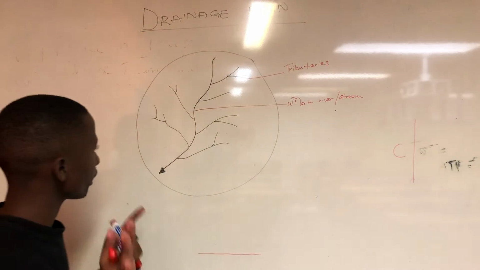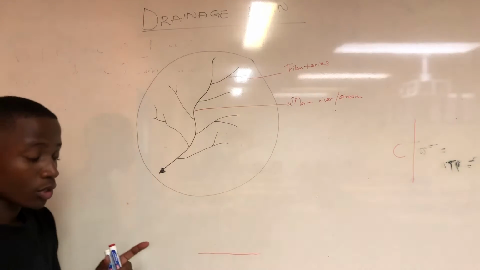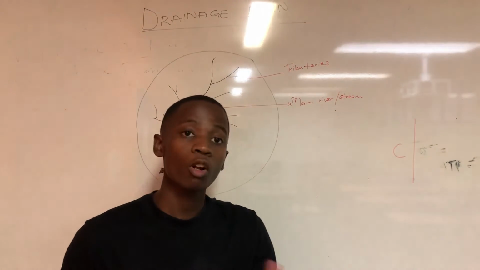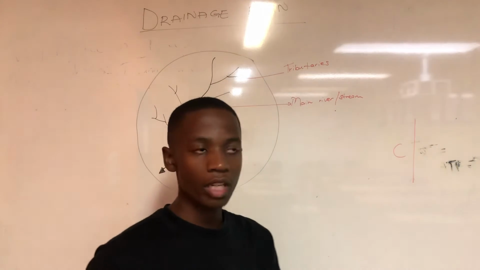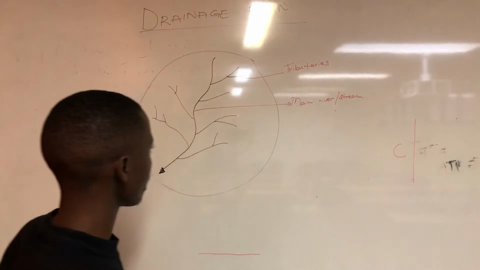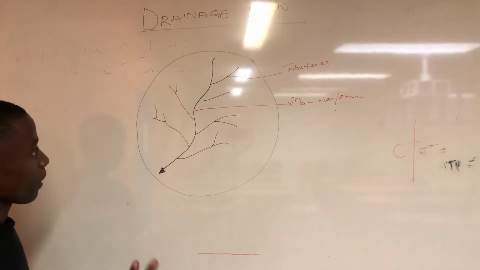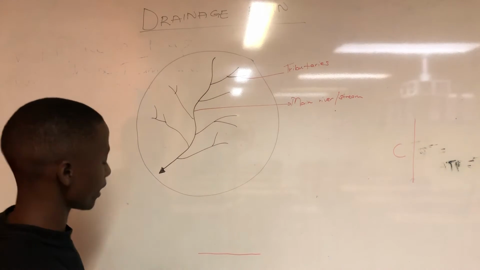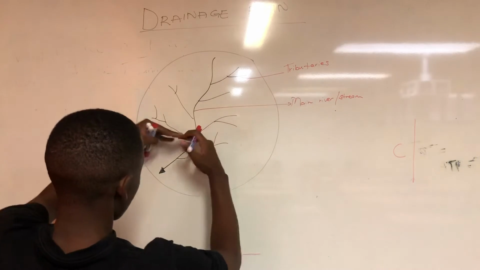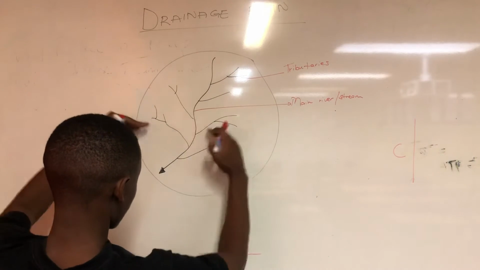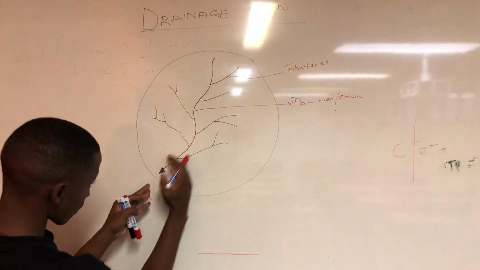Right now, as I told you, we are also going to be discussing the fundamental features of a drainage basin in geomorphology. Look now, this must be the upper course at this level, the middle course at this level and the lower course at this level.